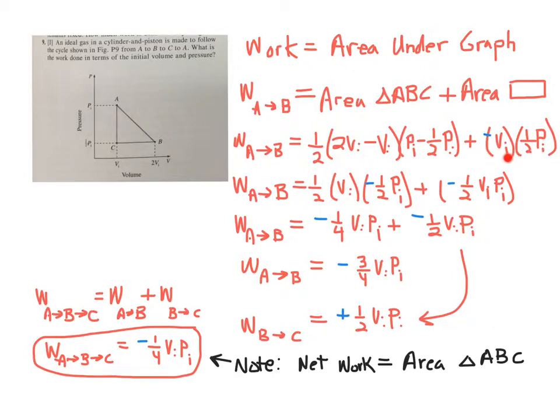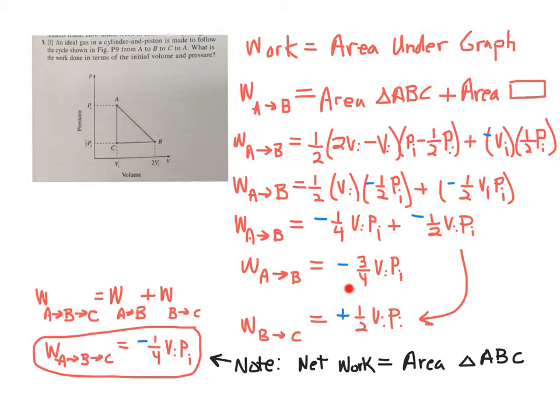The length of that rectangle at the bottom is v sub I, and the height of that rectangle is 1/2 p sub I. So the total area under the line segment AB all the way down to the axis, which is negative, is the sum of those two areas, which is negative 3/4 v sub I p sub I.